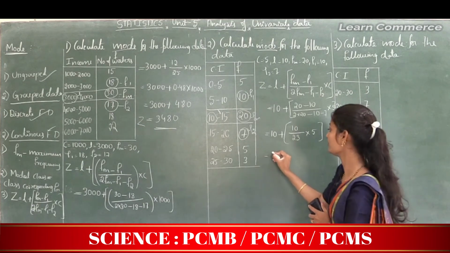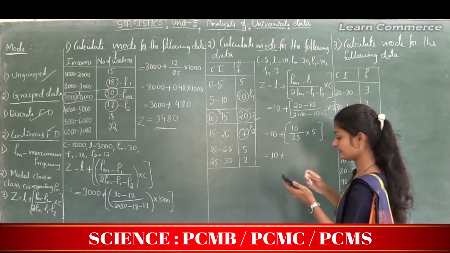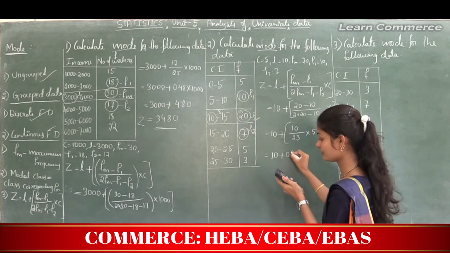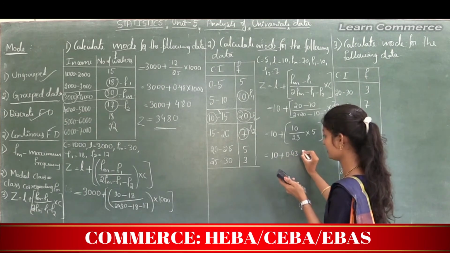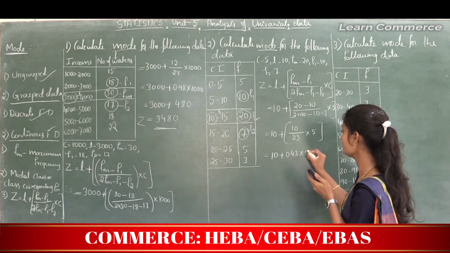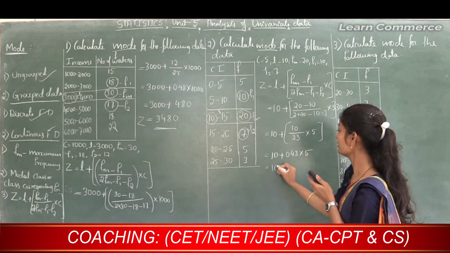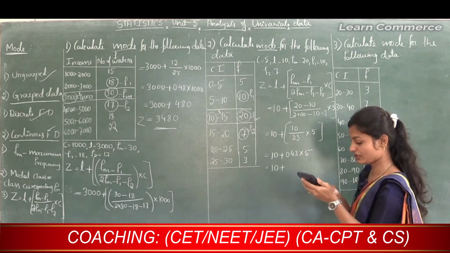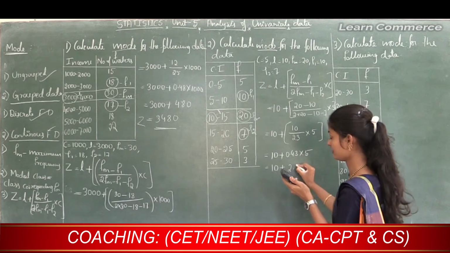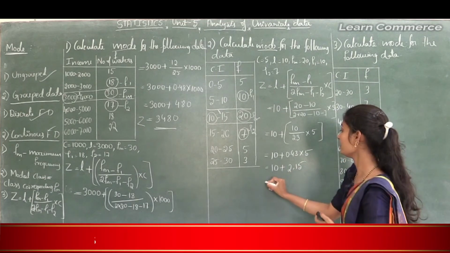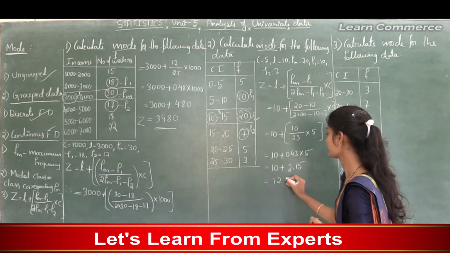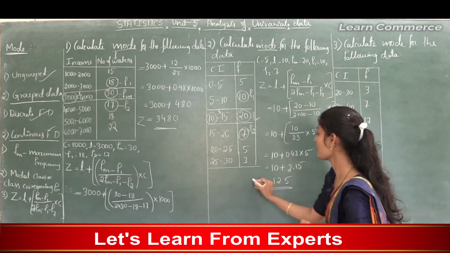This is equal to 10 plus 10 divided by 23, that is 0.43, into 5. So this is equal to 10 plus 0.43 into 5, that is 2.15. So 10 plus 2.15 is 12.5. So here the mode value is 12.5.